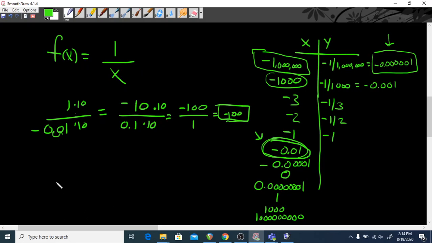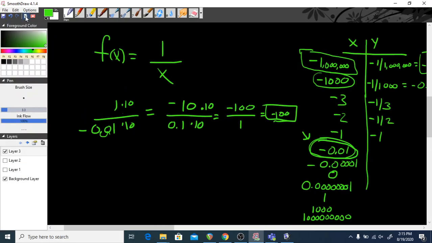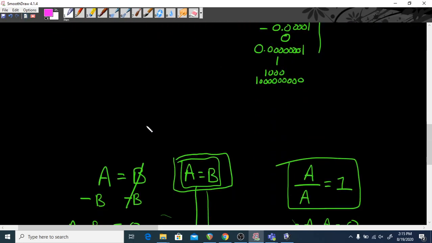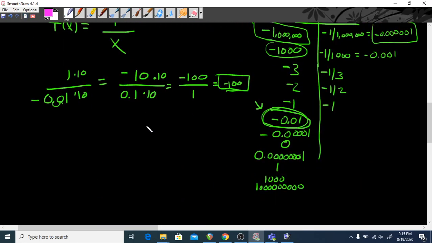So let me write this down. This idea about dividing by large numbers or small numbers is extremely important for understanding how numbers work. 1 over a huge number is going to give me a tiny number in return.